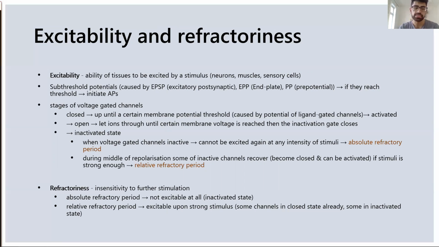So refractoriness is defined as the insensitivity to further stimulation. It's really important to understand when those two phases occur and why they're there. Basically, they're there to protect the cell. If we didn't have this system in place, the cells would be able to continuously self-excite, and obviously this is not efficient.